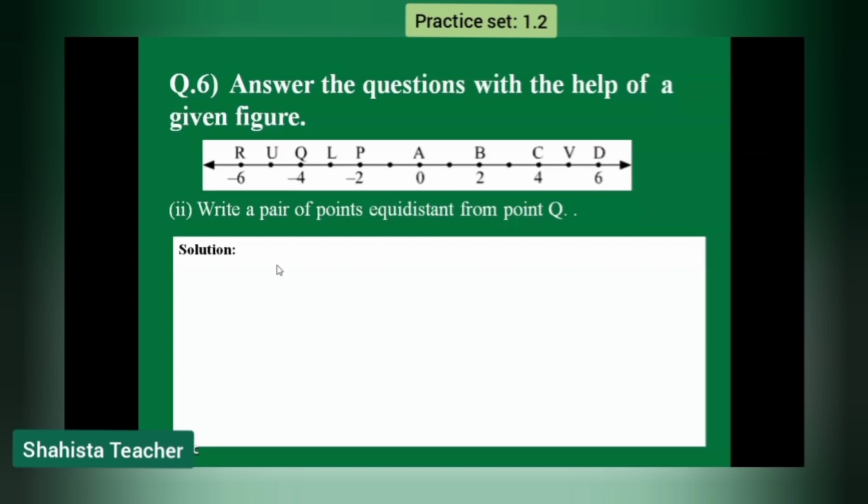Here we know that minus 4 is greater than minus 5.